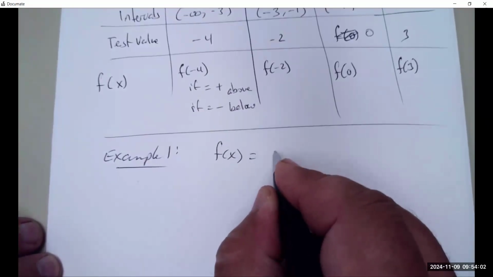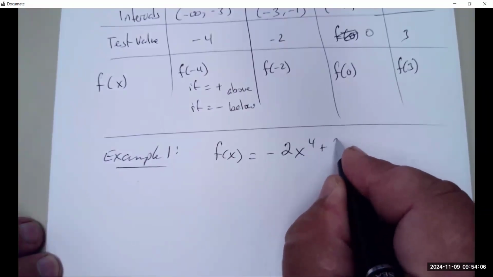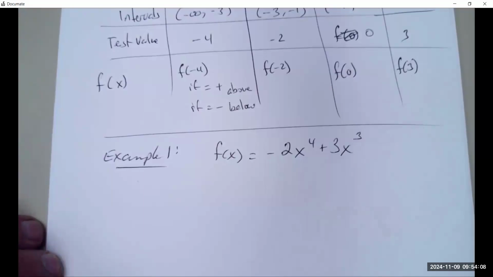Sketch the graph of this one. 2x to the 4th plus 3x cubed. What's the first thing you gotta do?